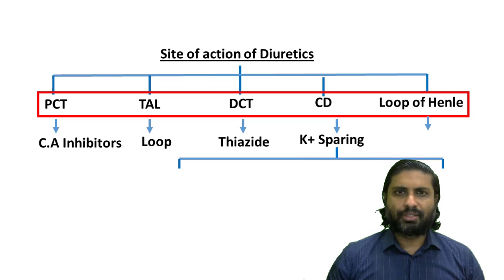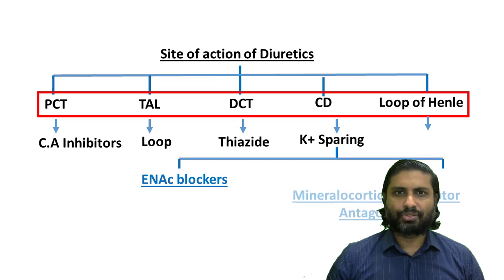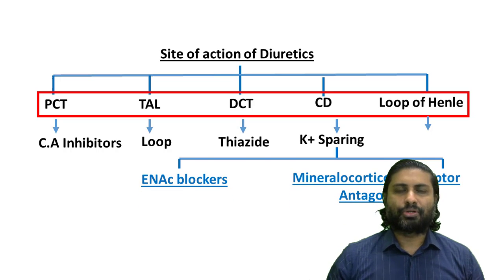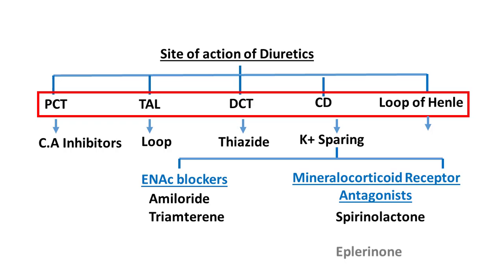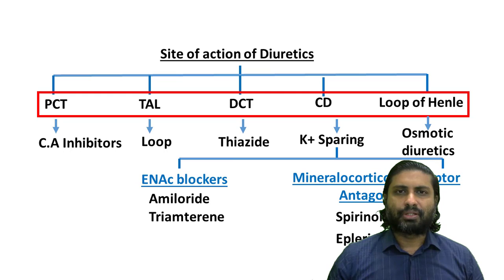These include the epithelial sodium channel blockers, or ENaC blockers, and mineralocorticoid receptor antagonists. The examples for ENaC blockers include amiloride and triamterene, while the examples for mineralocorticoid receptor antagonists include spironolactone and eplerenone. The diuretics that act at the loop of Henle as a whole are the osmotic diuretics. So these are the diuretics that we shall discuss in this particular discussion.